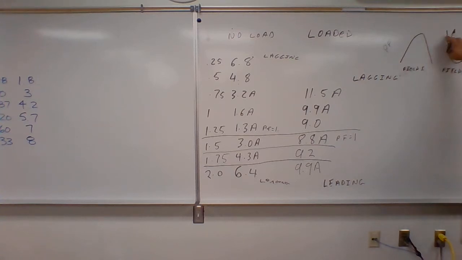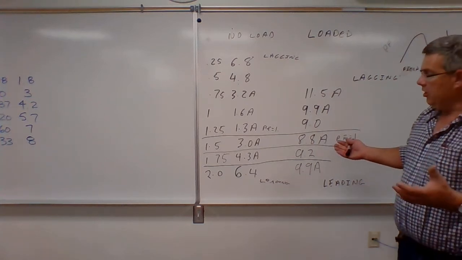As our field current gets bigger, our line current starts high, drops down to a low, comes back up. Power factor is the opposite graphical representation of your line current. Sorry, I stumbled there a little bit, but that is what goes on with a synchronous motor.